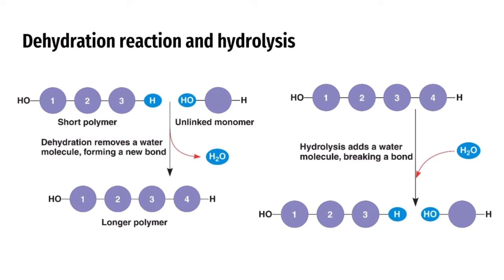If there is a short polymer and an unlinked monomer, dehydration removes a water molecule and forms a new bond. Then what's the opposite reaction? To change a polymer to monomers, hydrolysis adds a water molecule and breaks a bond. This reaction is not only for carbohydrates, but also for other macromolecules.